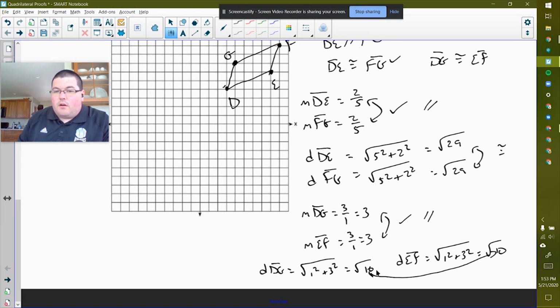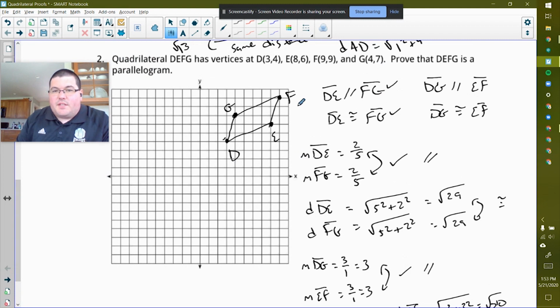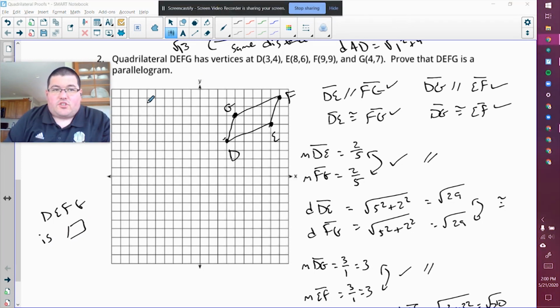These are congruent. And so now we can say with certainty that we have two pairs of opposite, parallel, and congruent sides. Therefore, DEFG is a parallelogram. Let's check out a couple other proofs here.